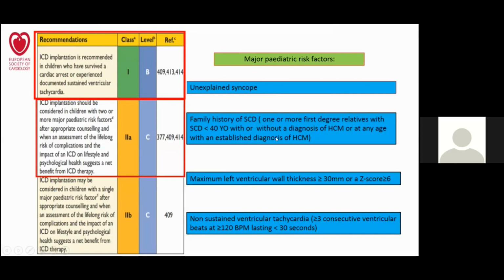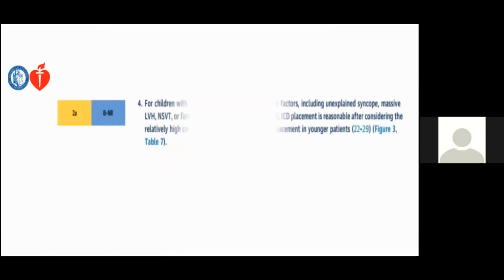Now, in the presence of only one of these major risk factors, an ICD implantation may be considered, and it's a 2B indication for ICD implantation in children. What about risk assessment for children in the American guidelines? There are no major differences between American and European guidelines as far as risk assessment in children is concerned.